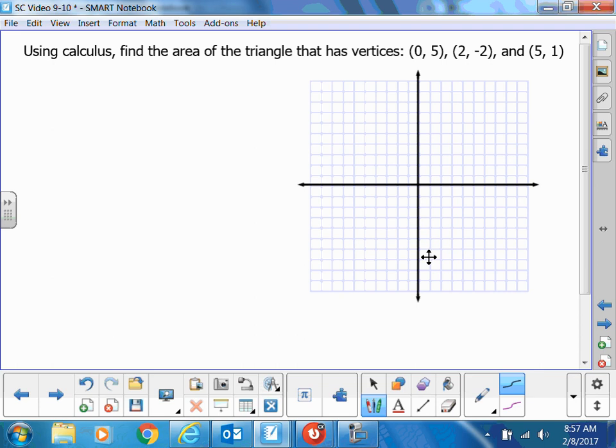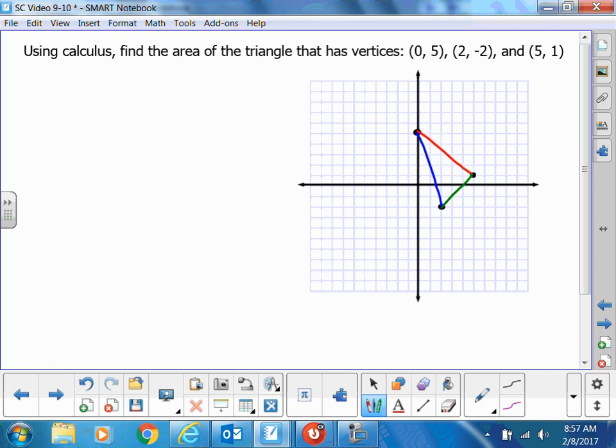So we'll plot each of those points. And just to make it easier to refer to them, on the screen here, I'm going to make each of the sides a different color, just so it'll be easier to talk about.